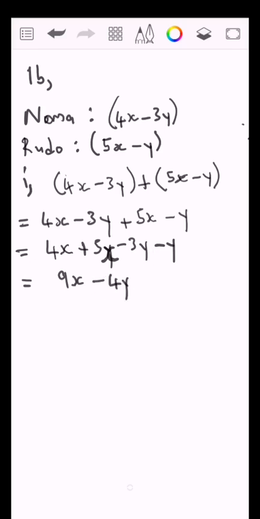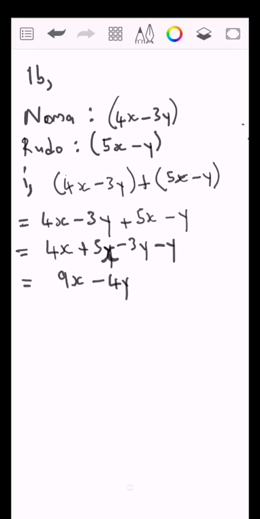I see no need to explain 4x plus 5x; it's clear as the sun. But minus 3y minus y is minus 4y. What we should know is a golden rule. If you don't understand this part, please refer to the comments section, where we will put a link to our video on directed numbers. It explains how we deal with negative and positive numbers when adding, subtracting, multiplying or dividing.